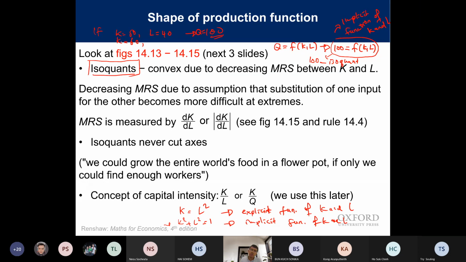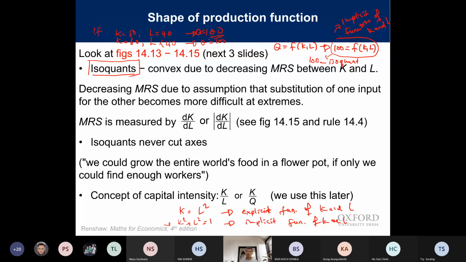But if you want to increase K to 60, a higher level, and you want to maintain the output level, L should be something less than 40. So that leads to exactly the same output, right?